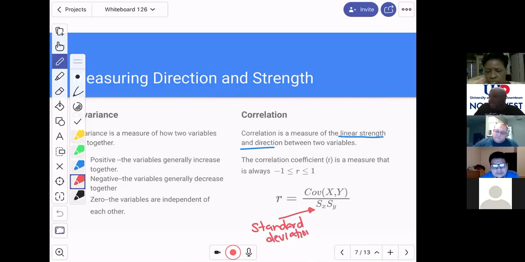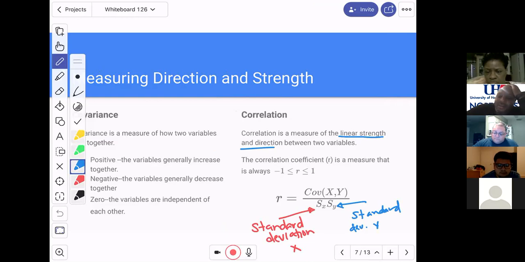So this is the standard deviation of X, and this other one is the standard deviation of Y. It would be S squared X if it was looking for the variance. Just S squared is what it would be.